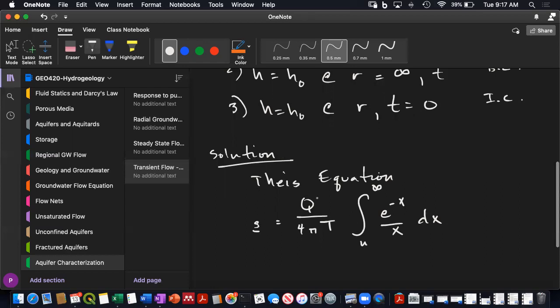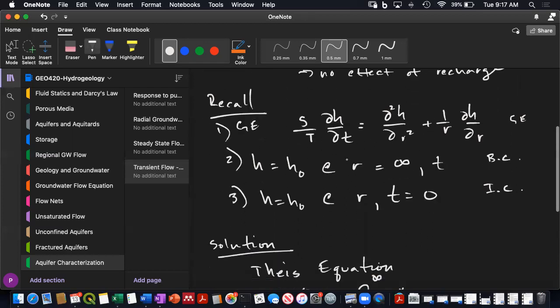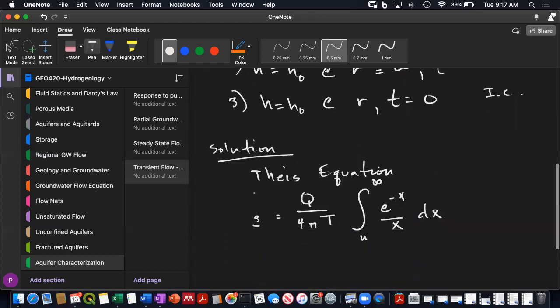All right, so this is an analytical solution to this groundwater flow equation subject to these boundary conditions. We call it the Theis equation, or the Theis solution.